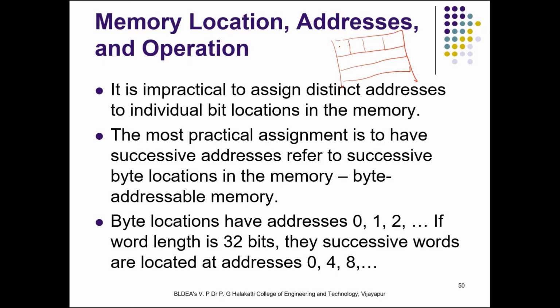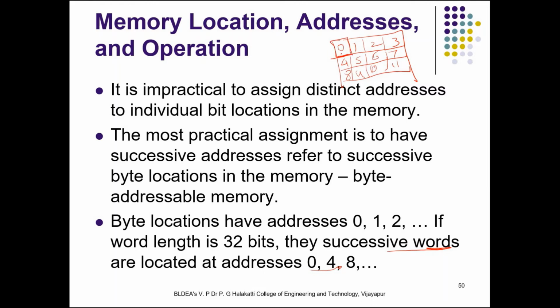Now if I go on giving an address for each byte as 0, 1, 2, 3, the next will be 4, 5, 6, 7, and the next 8, 9, 10, 11, and so on. So we always give the word address as the address of the byte that is located at the beginning of the word.